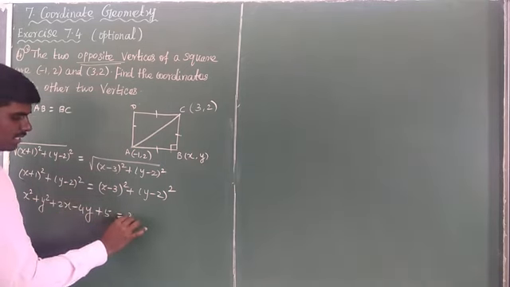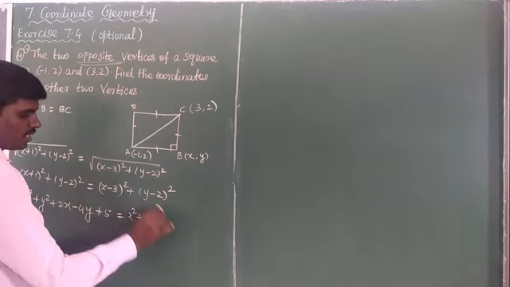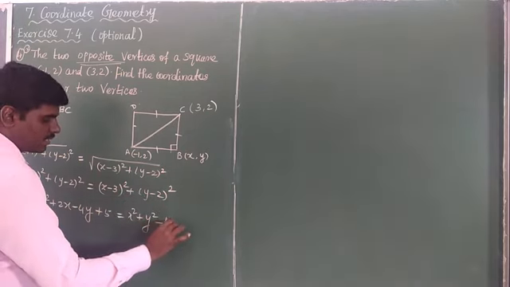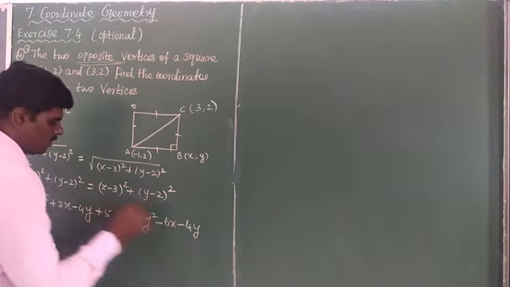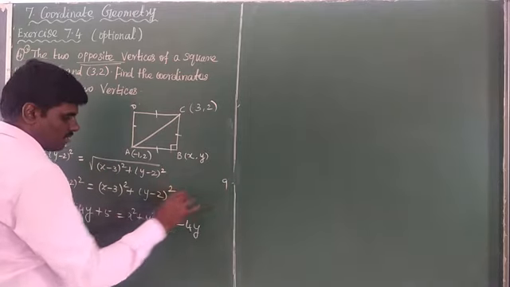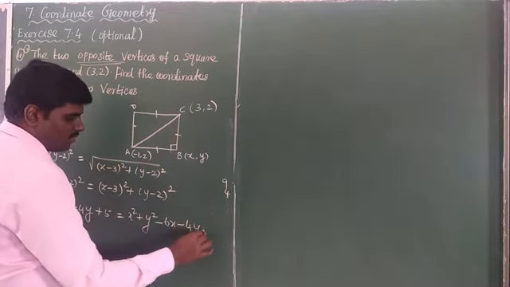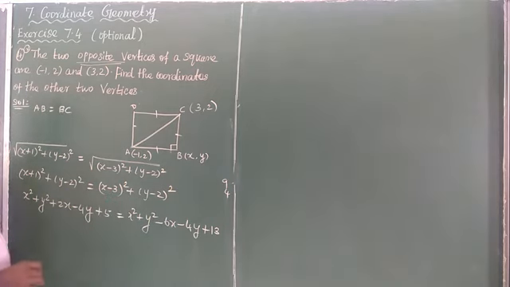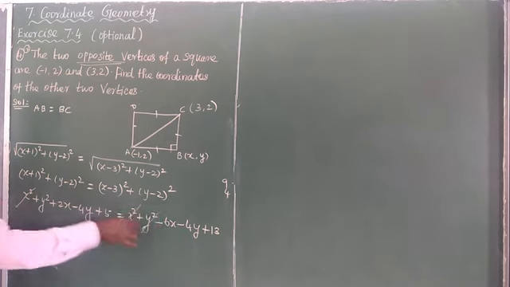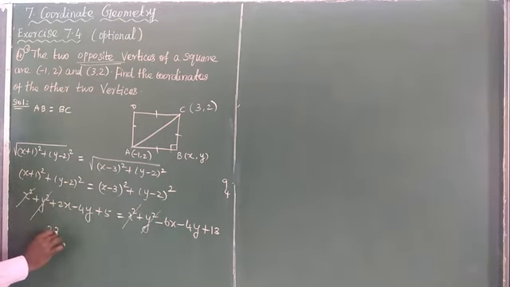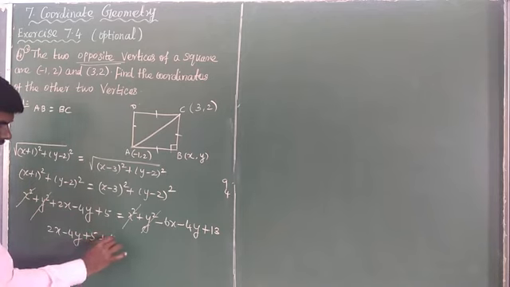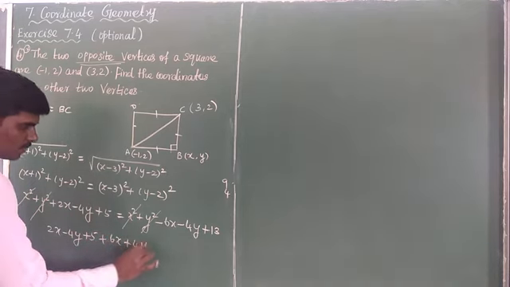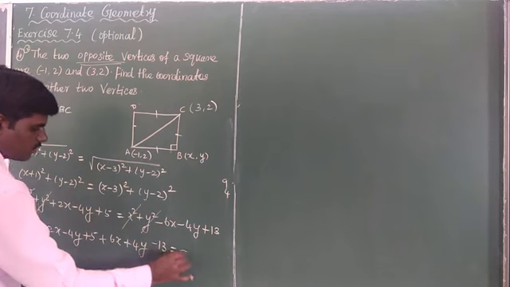Similarly on the other side, x square plus y square minus 6x minus 4y, plus 9 plus 4, which is plus 13. Now simplify. The same terms x square and y square cancel, leaving 2x minus 4y plus 5 plus 6x plus 4y minus 13 is equal to 0.